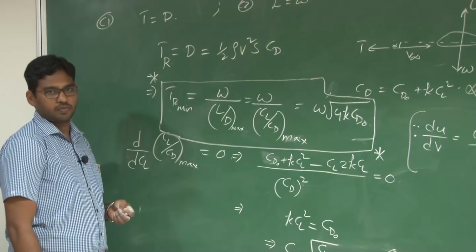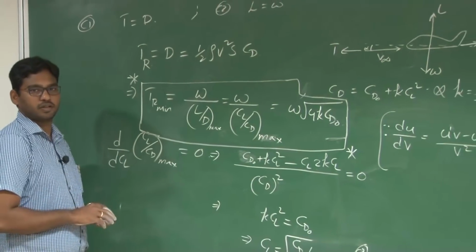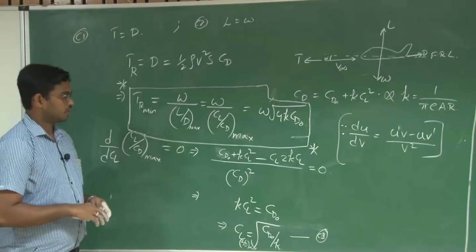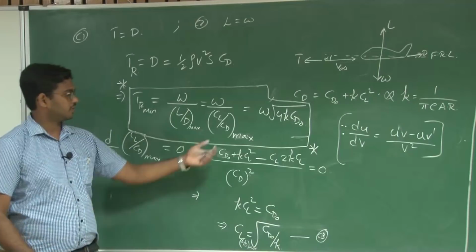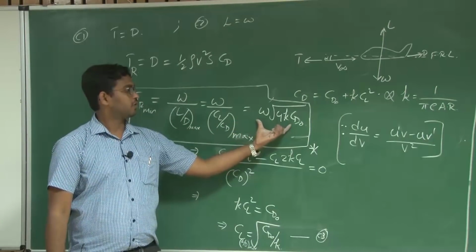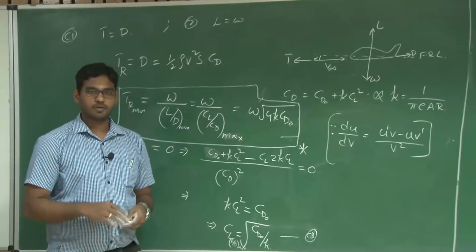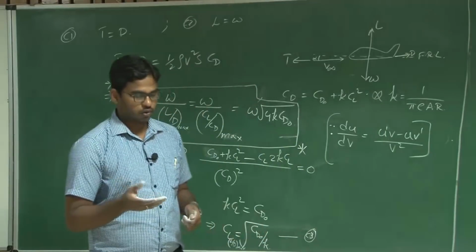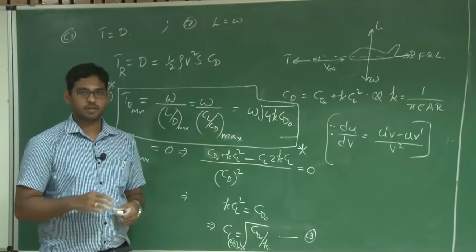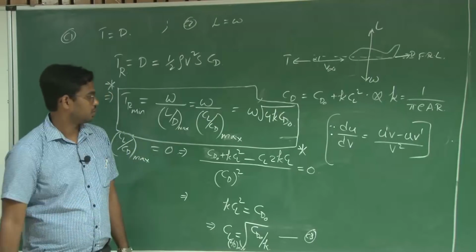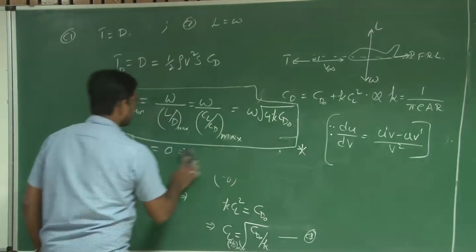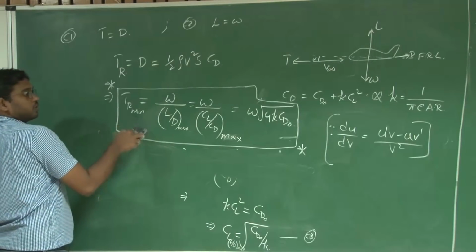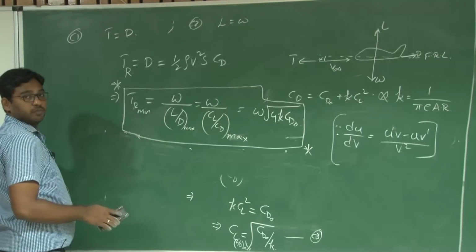Now say you want to fly at this minimum thrust required, how do you do it? Will the pilot understand "fly at this W into root over 4K CD naught"? No, we need to translate to his language, right? What he can understand is what the velocity of flight should be. Now we will figure out the corresponding velocity of flight to achieve this level flight with minimum thrust requirement.